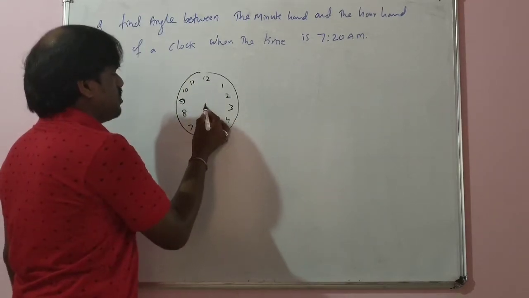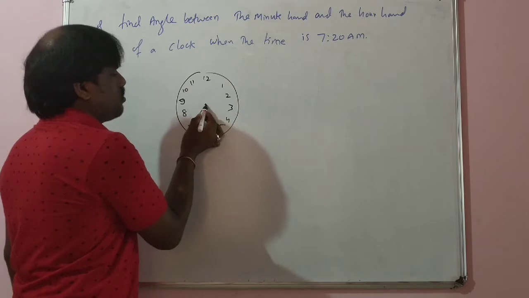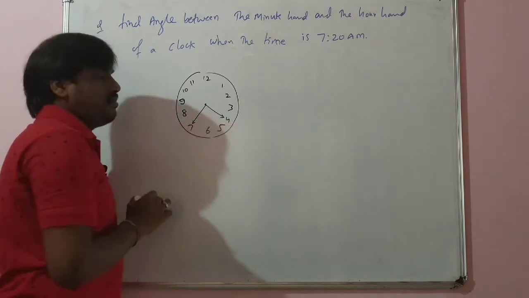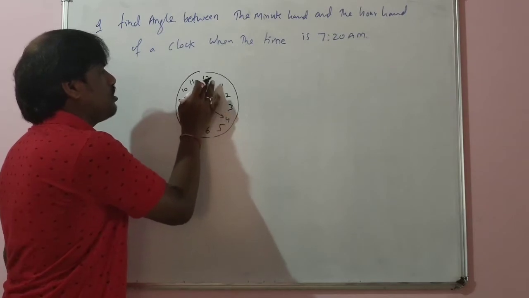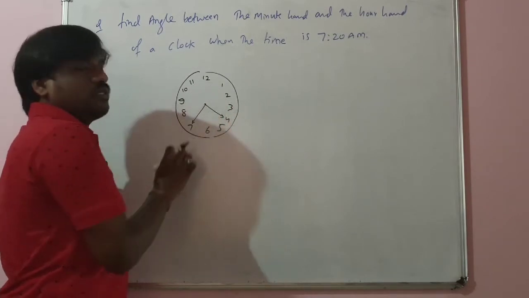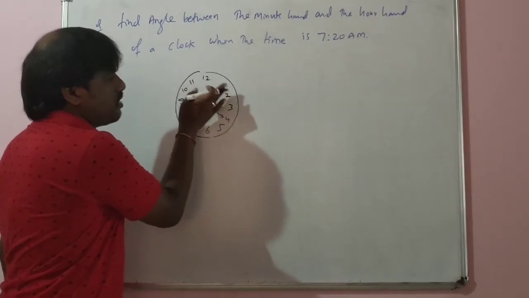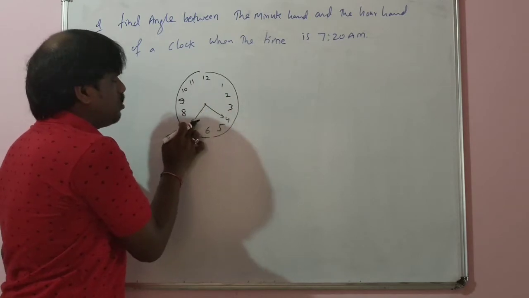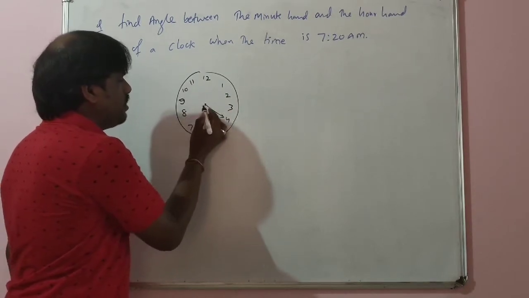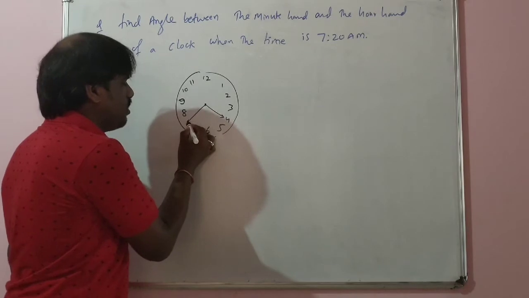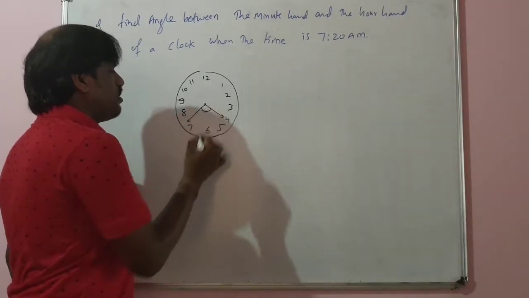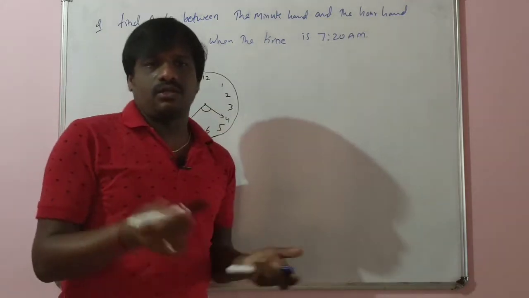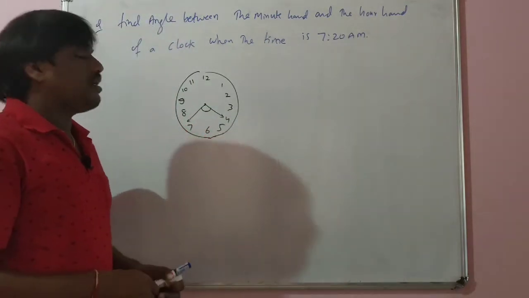This is the 7 o'clock and this is 20, 7:20 a.m. in the morning. When it is 7:20, suppose the minute hand is on the 12, the hour hand will be exactly on 7. But as the minute hand moves, the hour hand is not exactly on 7, it will move slightly more than 7. So he is asking what is the angle between them. You have to find this angle. Are you getting what I said?